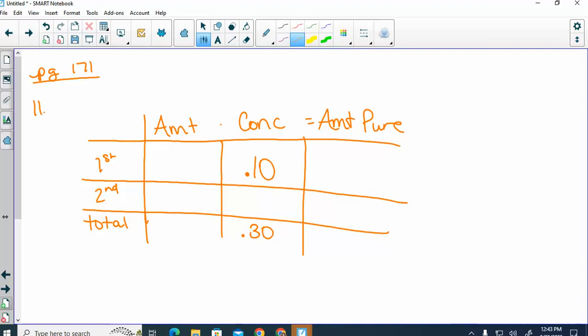How much pure alcohol? So the other one is pure, so what would the concentration be? The amount is x because it said how much, and the concentration? Would be 100% pure. So 100% would be a 1.